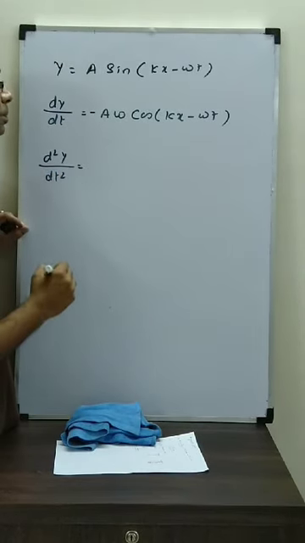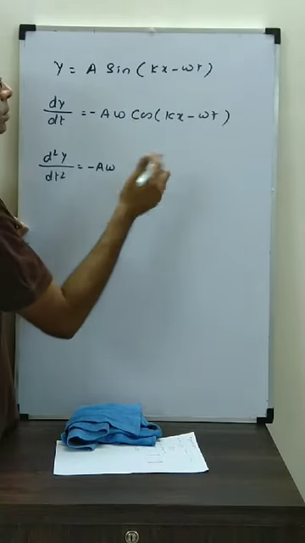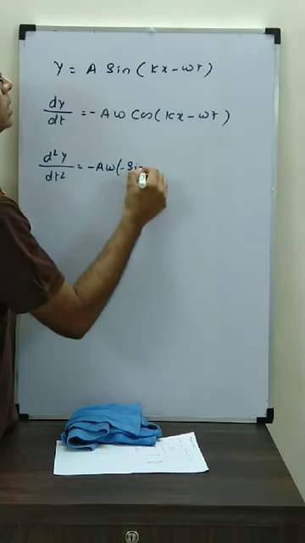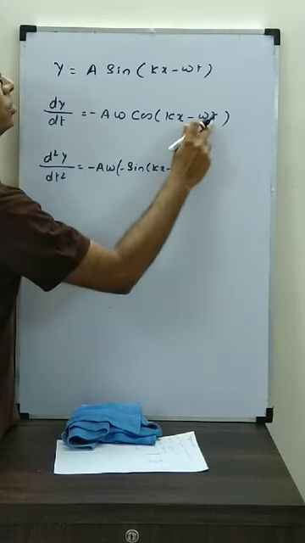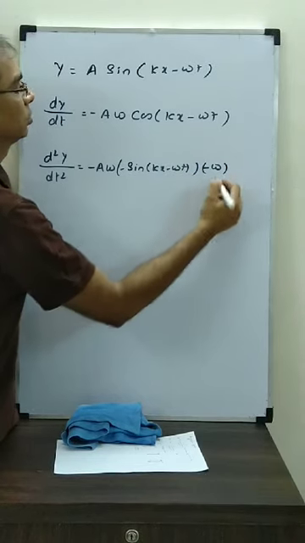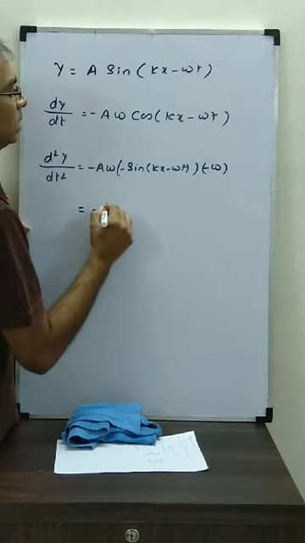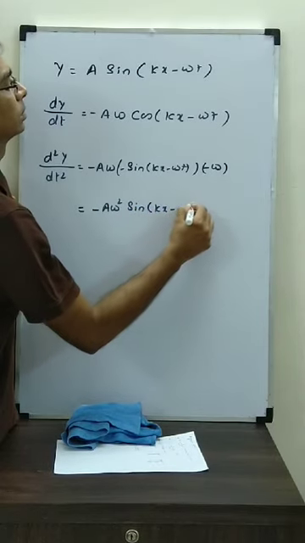Now what's going to come? Minus a omega will remain as it is. Cos will become minus sine of kx minus omega t. Then differentiation of kx minus omega t is minus omega. So what we are getting? Minus a omega square sine of kx minus omega t.